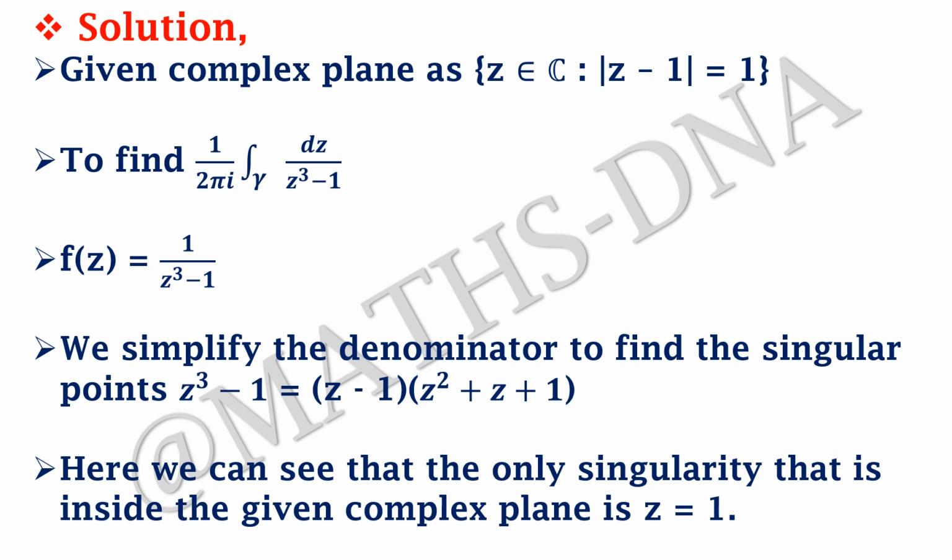Now here we can see that the only singularity inside the given contour is z equals 1, because at z equals 1 the denominator becomes 0 and the function is not defined. So we have a singularity inside the contour, that is 1.